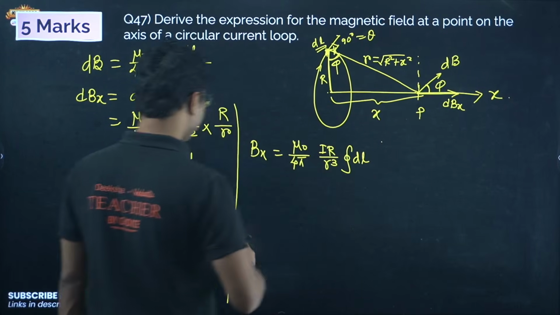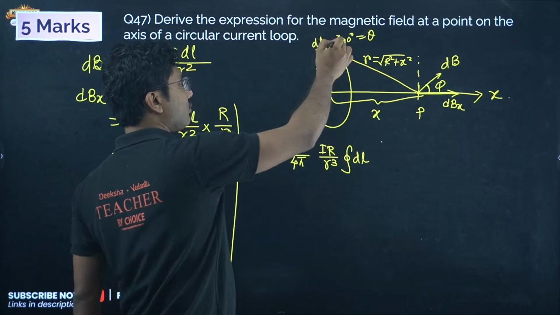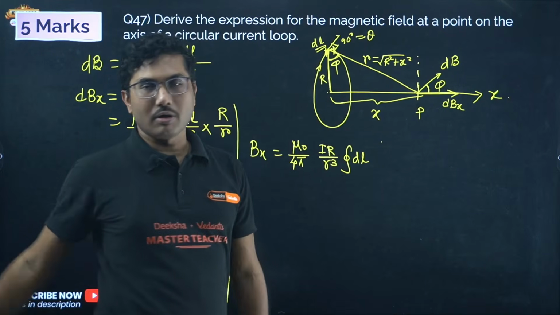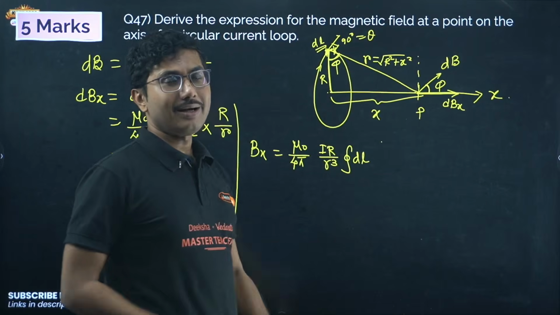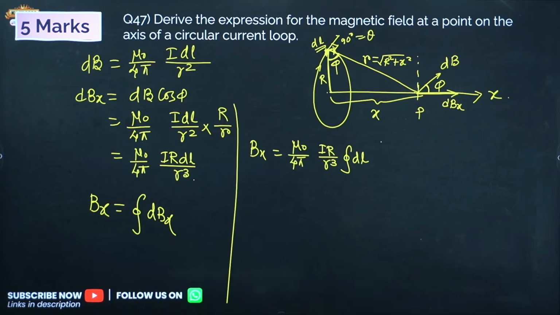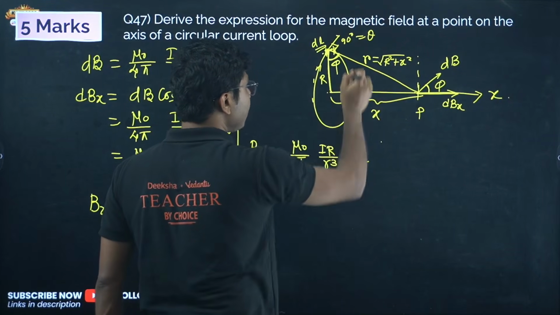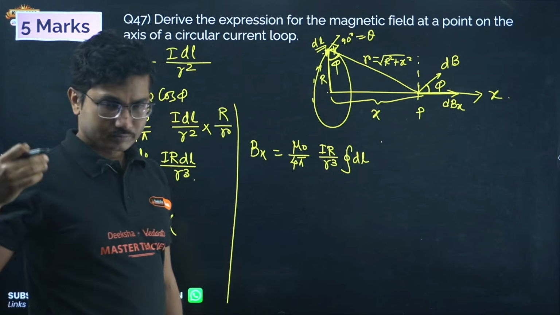Here it will be a closed integration. Why closed integration? Because the starting point and ending point have to be the same. A closed integration of a circular wire will just result in the perimeter of the circle. So closed integration means you are basically adding all these small dl, which is the circumference of the circle.